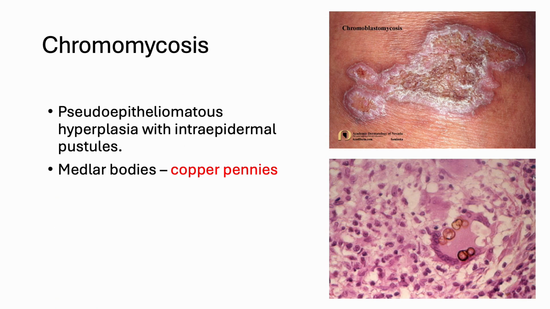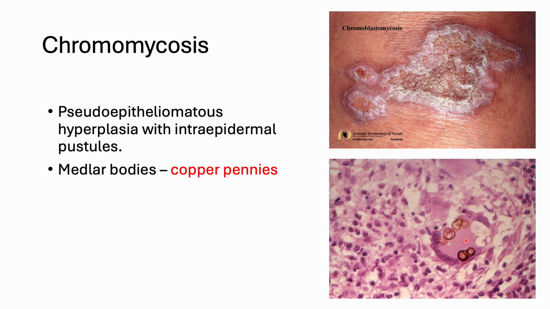And here comes the first pigmented fungal infection in the deep tissue, which is chromomycosis. From the clinical picture, it looks like there is an active annular shaped lesion, which is highly suspicious for a fungal infection.